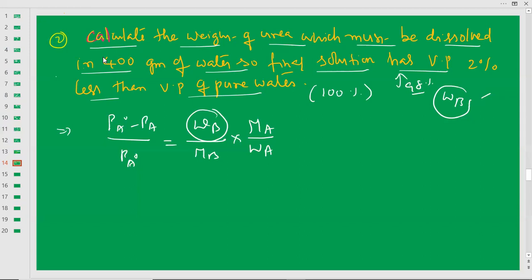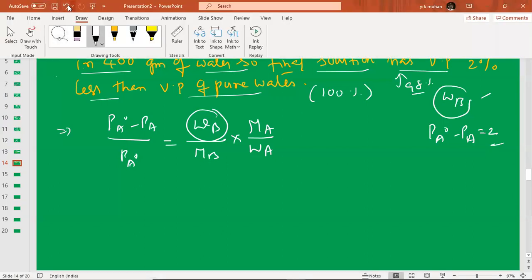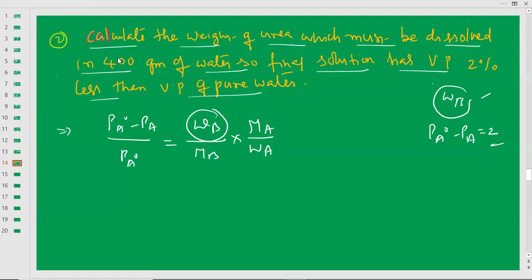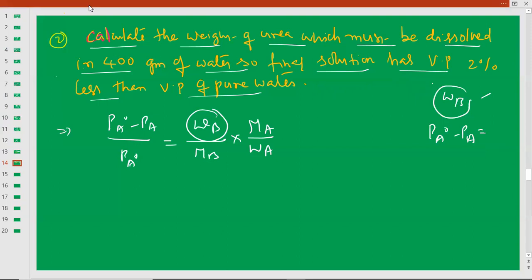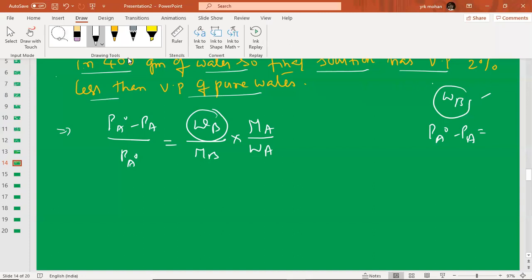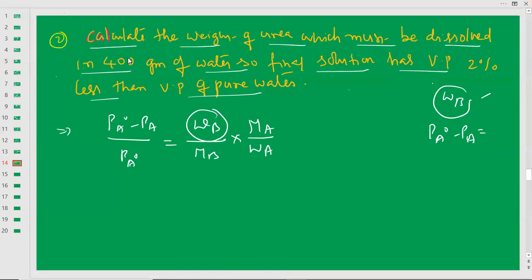So the difference between PA naught and PA is 2%.